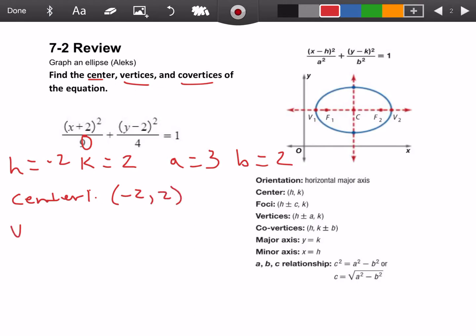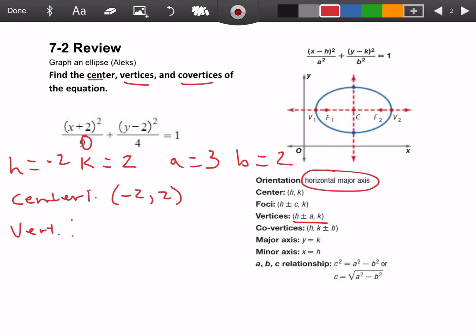Our vertices would be H plus A, and remember now the 9 is below the X, so we're going to have a horizontal major axis, so it's a little bit different orientation than what we had before.